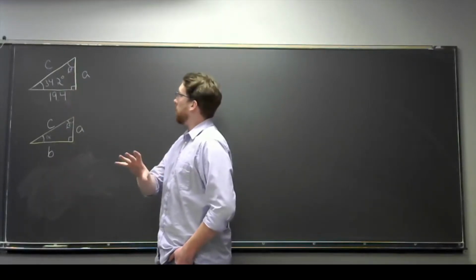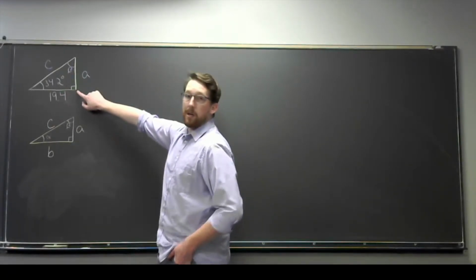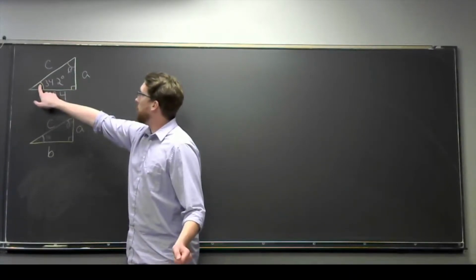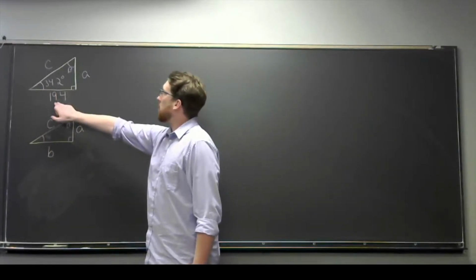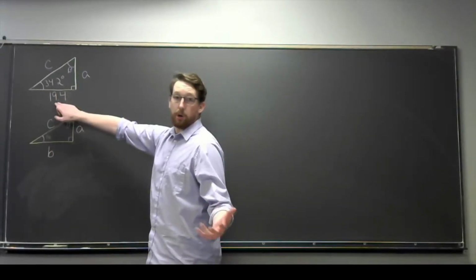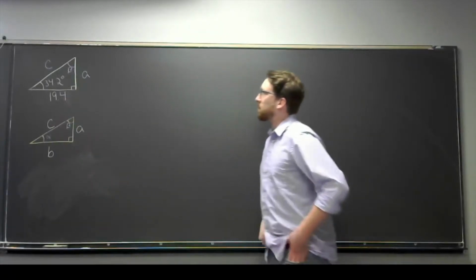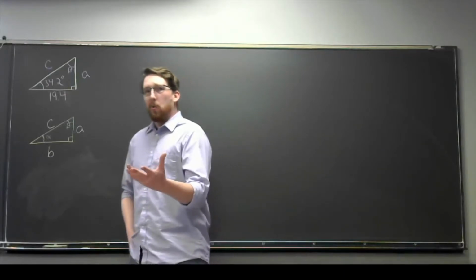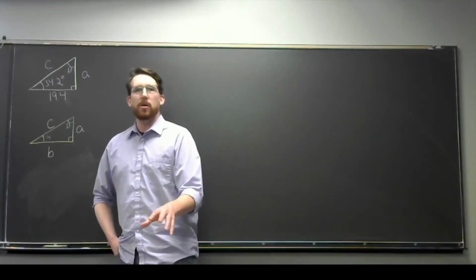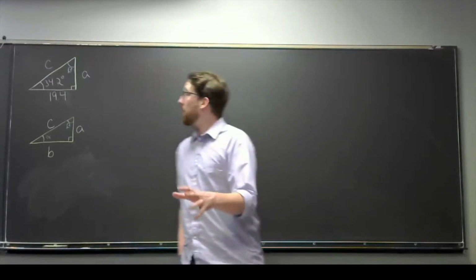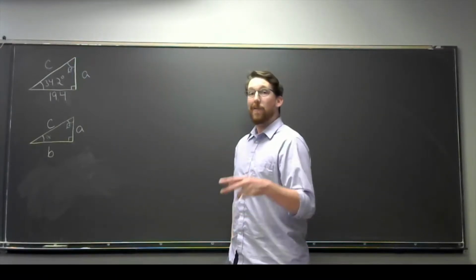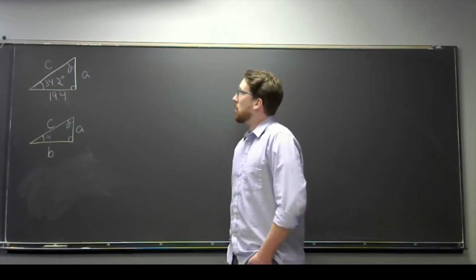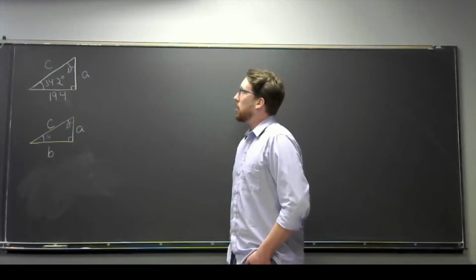Meanwhile, we do know that this angle here is 90 degrees, this angle here is 34.2 degrees, and this angle right here is 19.4 degrees. So I claim we're going to use trig to solve this, but how? And what are we solving for? Well, we're going to find all three of these unknowns: the length of both sides and the missing angle. So how are we going to do that?